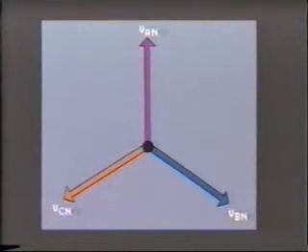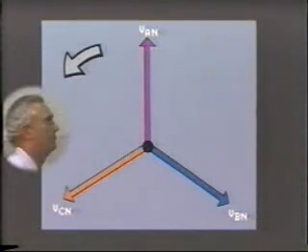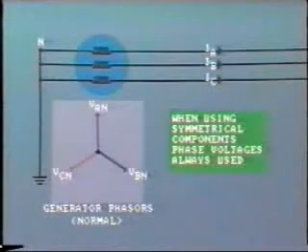To begin with, we already know that a generator produces three equal voltages, which are equidistantly spaced 120 degrees apart. We have also already pointed out that the phasor rotation is conventionally counterclockwise, and the normal phase sequence is A, B, C. This means that for any fixed point in space, we would see voltage A, then B, then C, then A, and so on in that sequence.